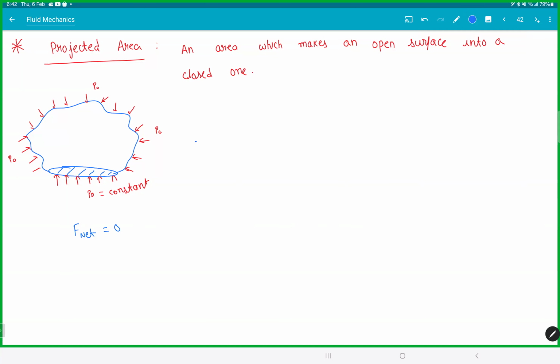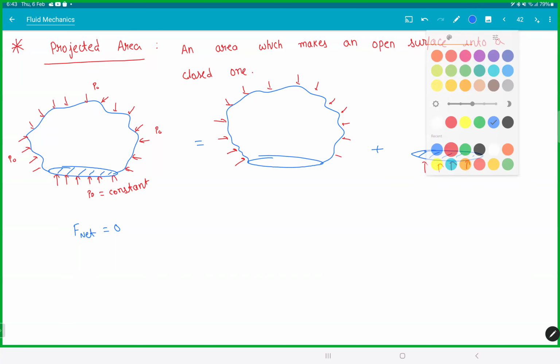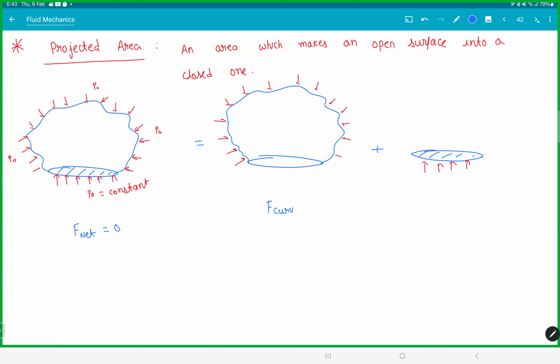So from this we can argue that if I can separate this into two pieces, this random curve plus the disk, can I make an argument that whatever force was acting on this curve is equal to the force acting on that disk? So force acting on the curve plus force acting on the disk is zero because there's no net force.